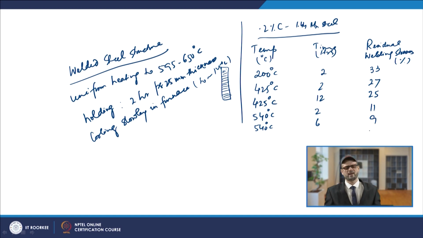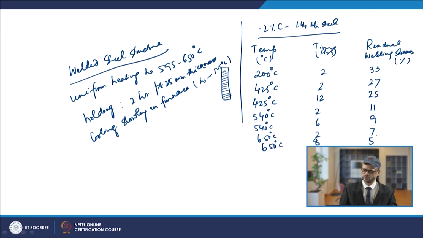And if you go to, suppose, 650 and keep it for 2 hours, it will be 7%, and if you do it at 650 degrees C for 8 hours, it will be about 5%. So, the residual stresses can be minimized by holding for different times and maintaining different temperatures.